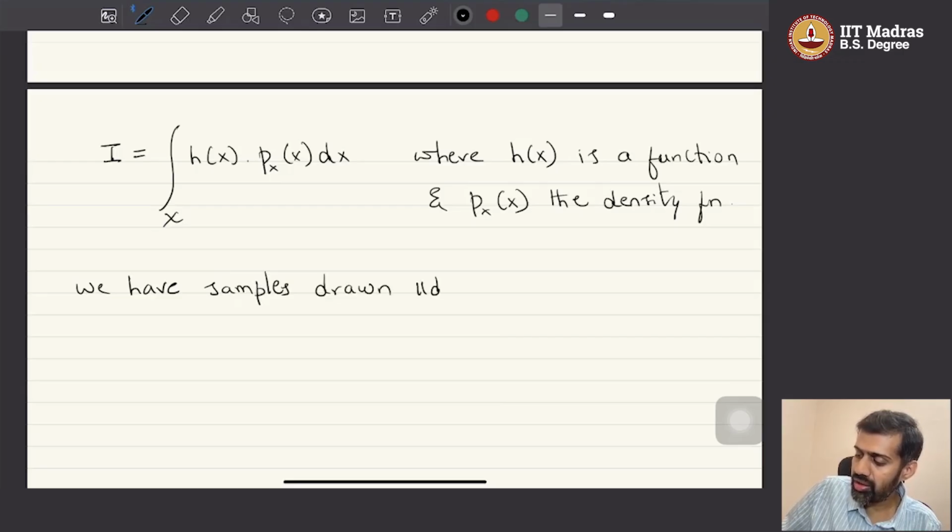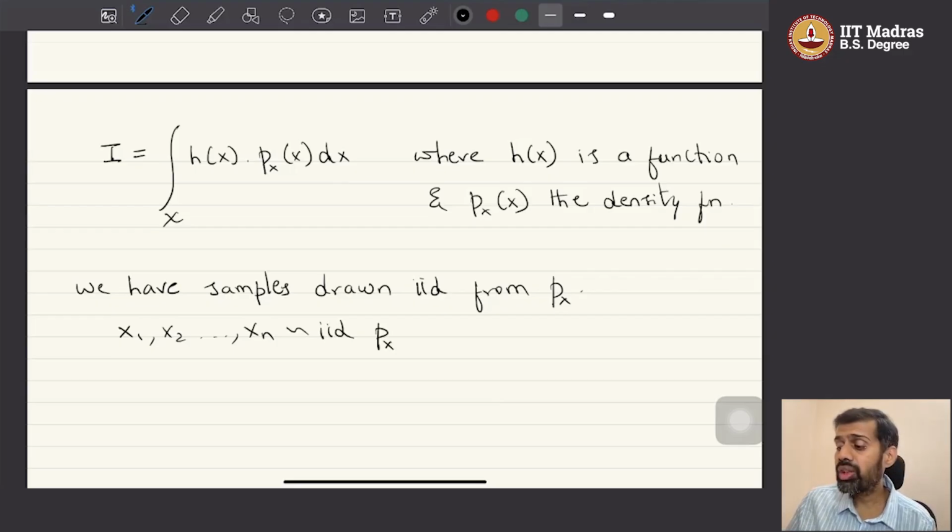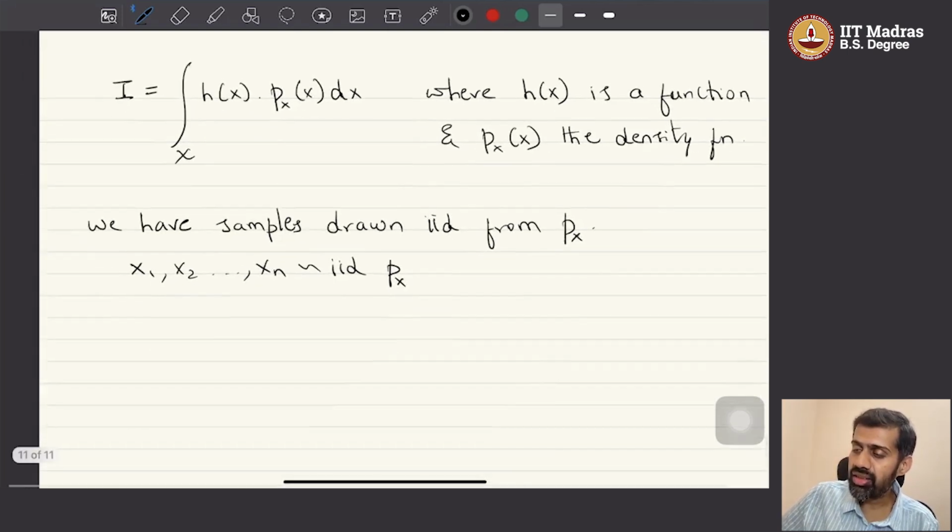Let us call them x1, x2 up to xn, and these samples are drawn IID from p(x). Suppose we have only this and we do not know what p(x) is. Can we compute that integral is the question.